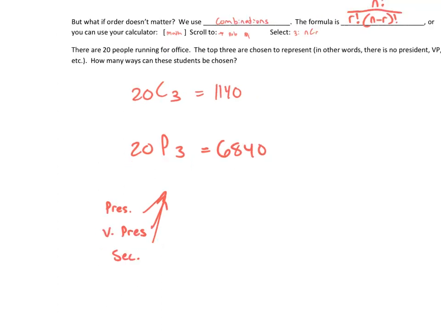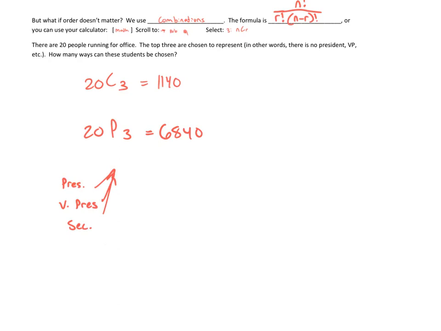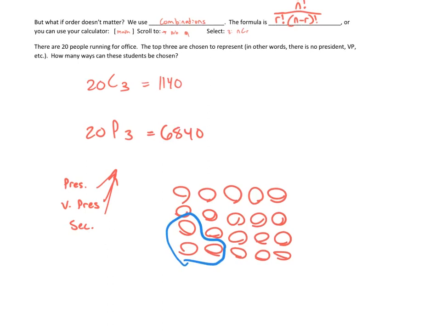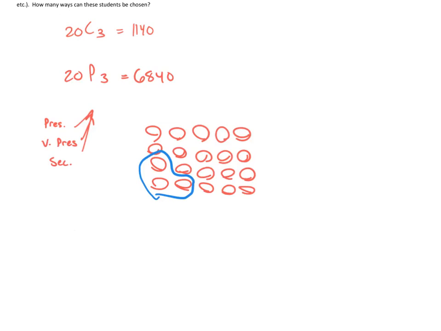And that's because if you think about it, we have a classroom, so we have some people here. I'm going to draw out 20 people. If I'm doing the choose, there's only one way I can choose this group of 3. However, if we're choosing them through permutation, there are different ways.